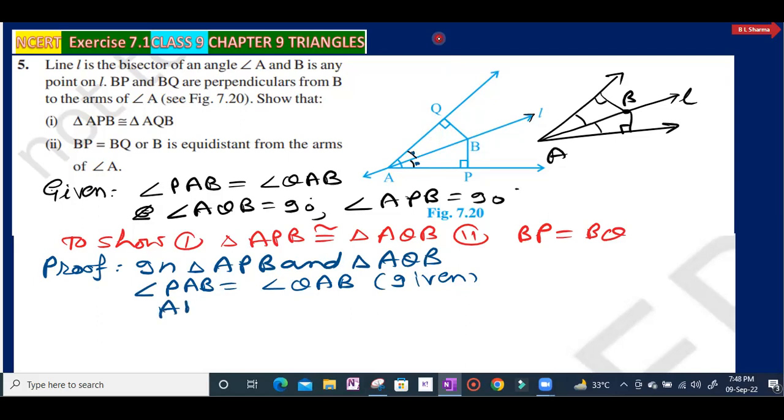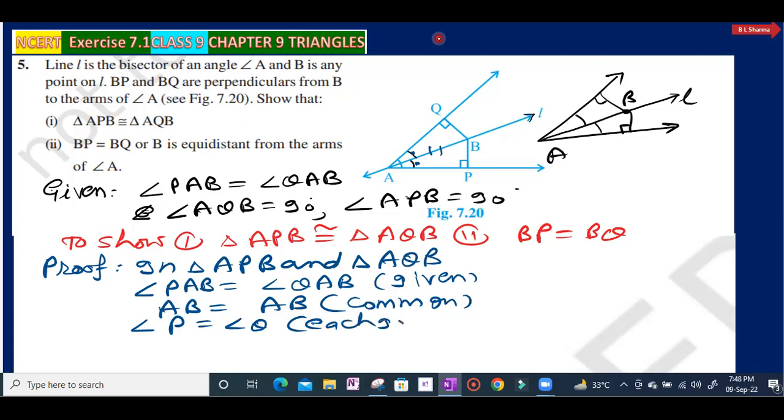AB is equal to AB. This side is common. Angle P is equal to angle Q. This is each 90 degree, and this is also given.